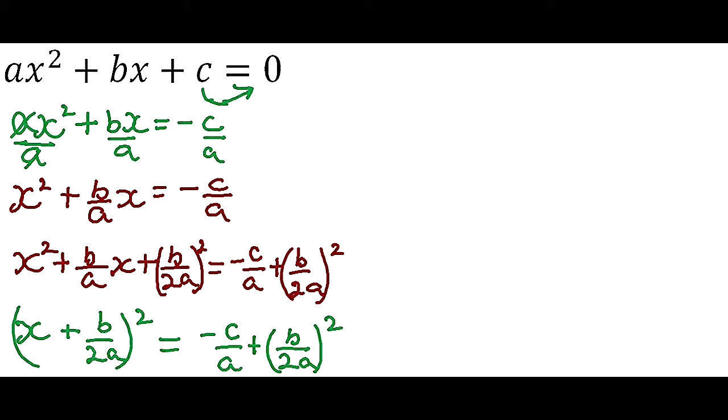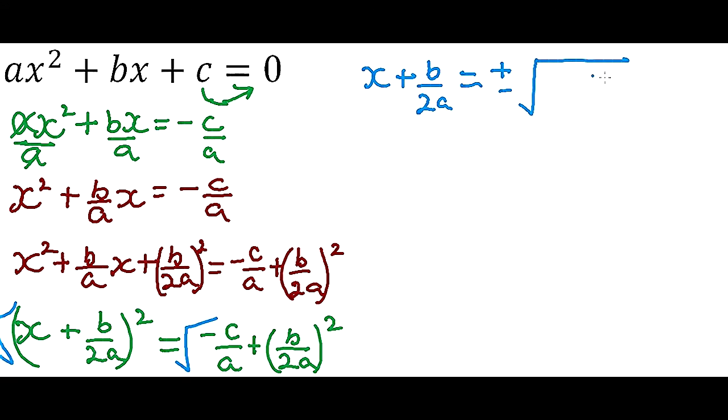From there we'll take the square root of both sides. So the square root of this side and the square root of this side. So we will have x plus b over 2a equals plus or minus the square root of minus c over a plus b over 2a in brackets, this is squared.